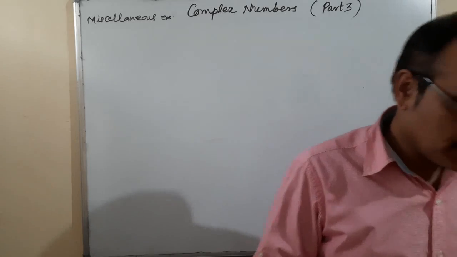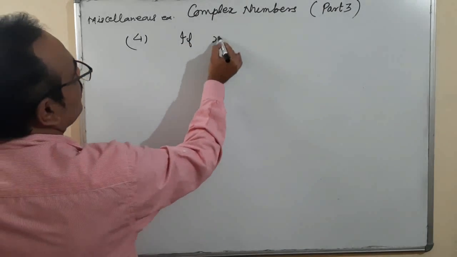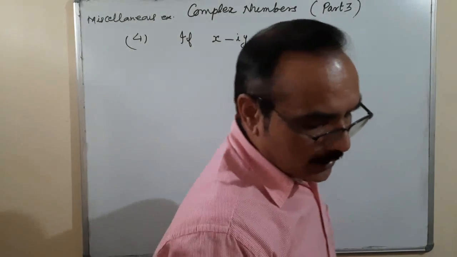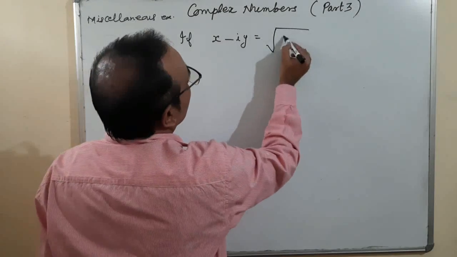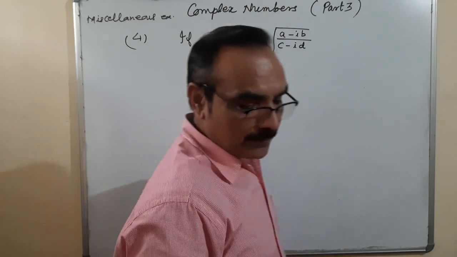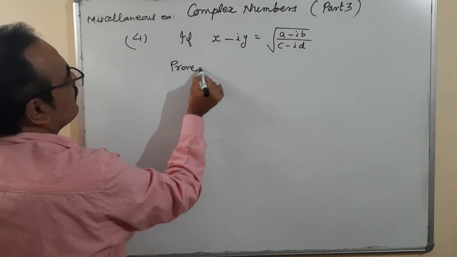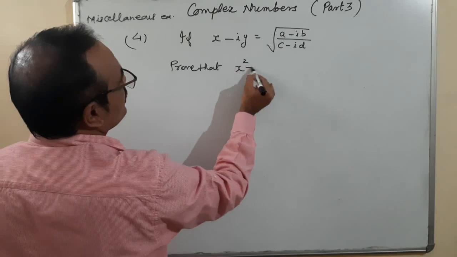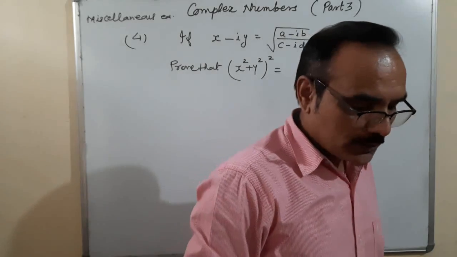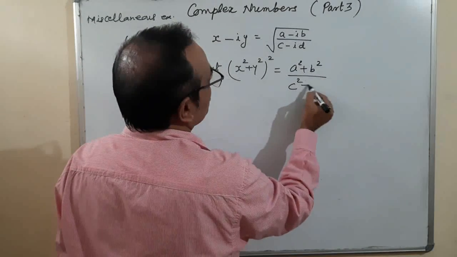If x minus iy is equal to under root of (a minus ib) upon (c minus id), prove that (x square plus y square) whole square is equal to (a square plus b square) upon (c square plus d square).